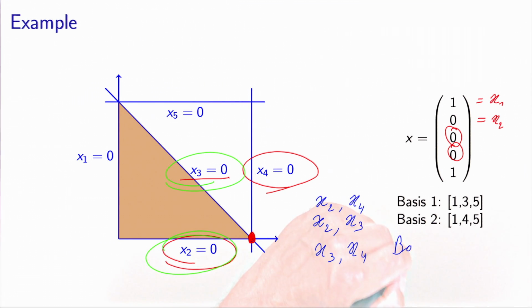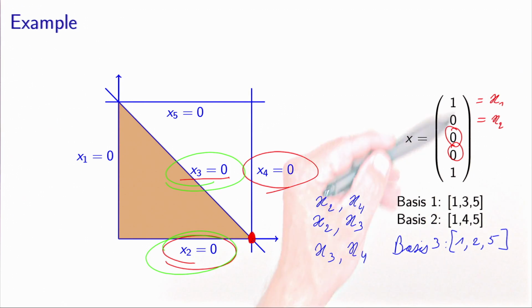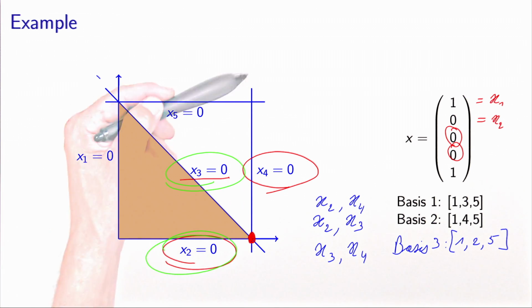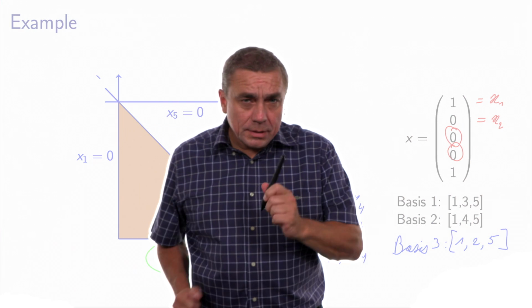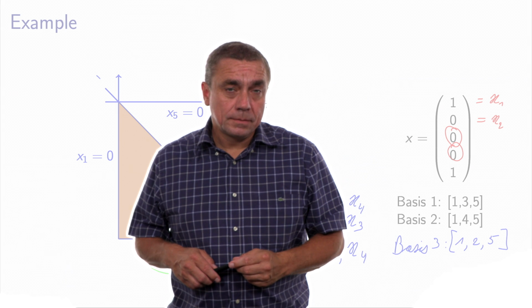So we could have chosen a third basis, which would be 1, 2, 5, and we would have obtained again the exact same vertex. Geometrically speaking, it would have been obtained by activating this constraint, and again the intersection is this same vertex. So we see here that the same vertex can be associated with several bases.